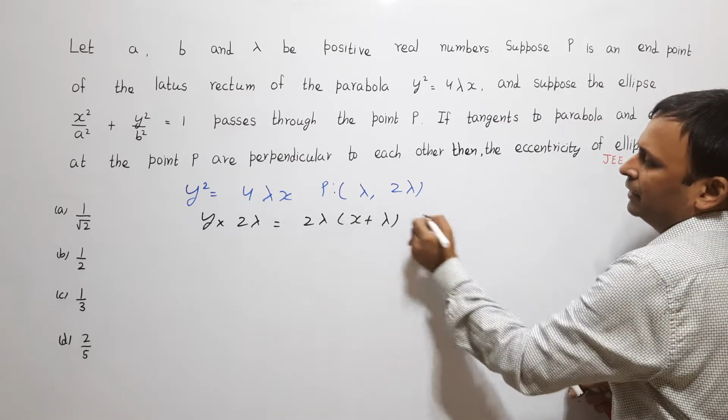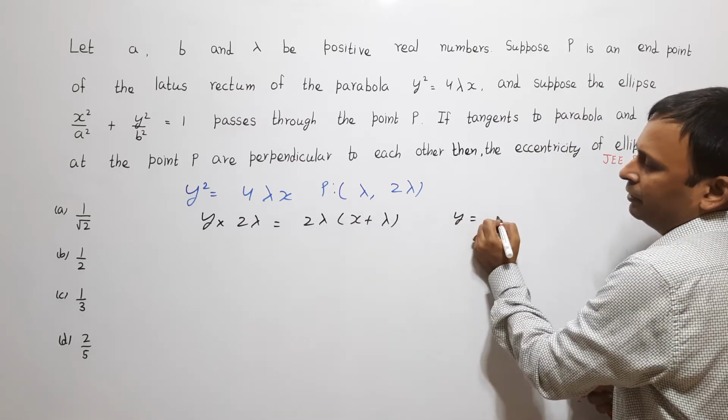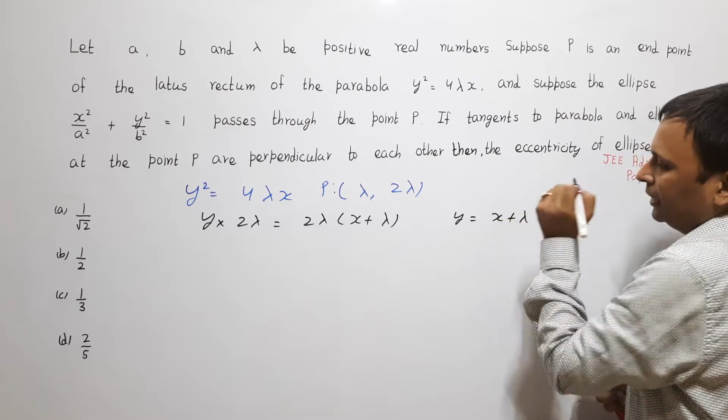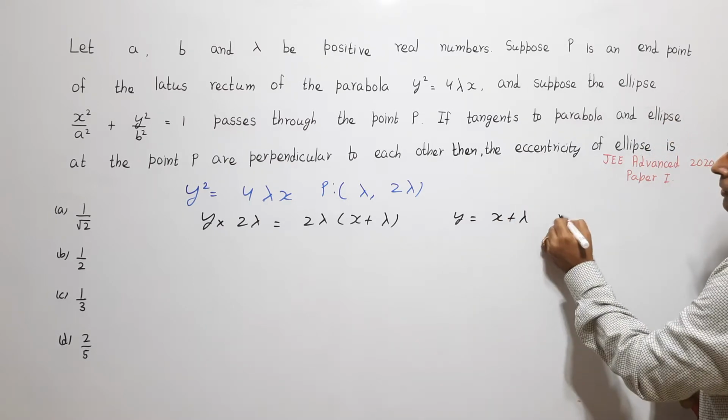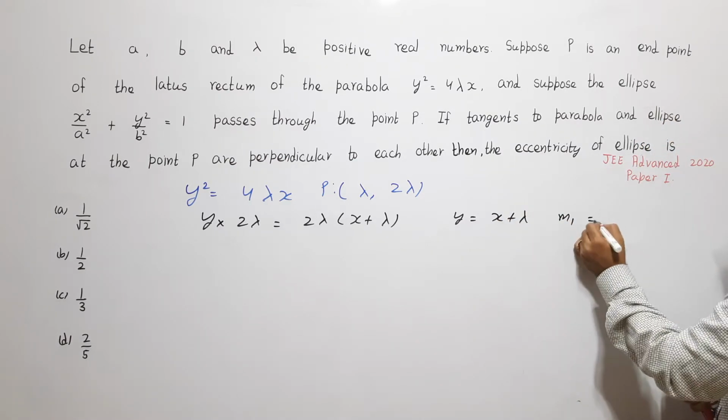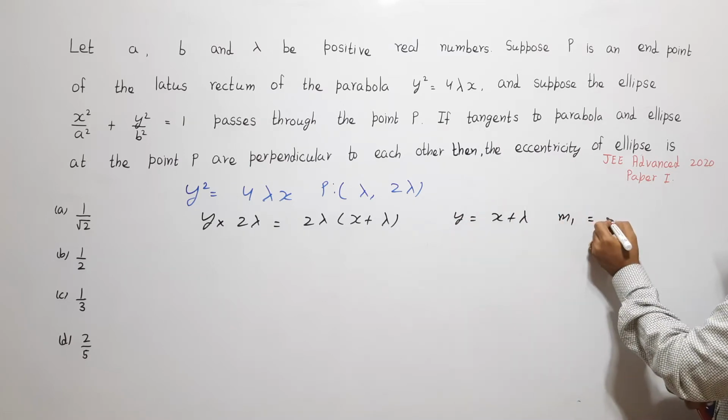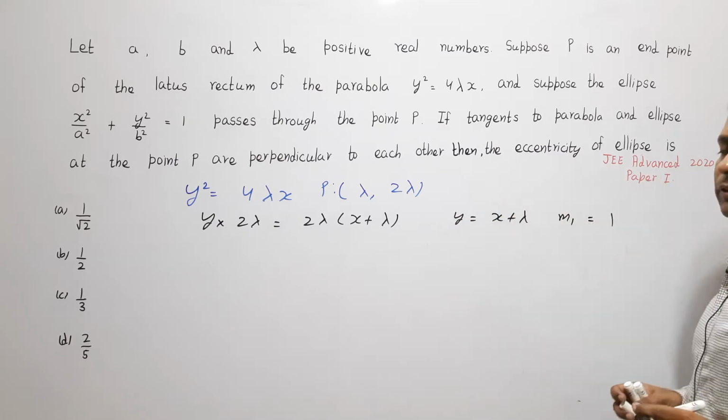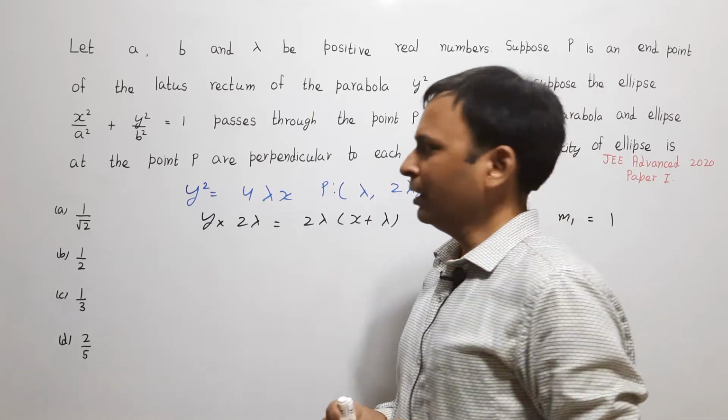So the equation of the tangent finally comes out to be y is equal to x plus lambda. So the slope of the tangent, if I denote it by m1 for this parabola, will be 1, if I compare it with the y equal to mx plus c equation.